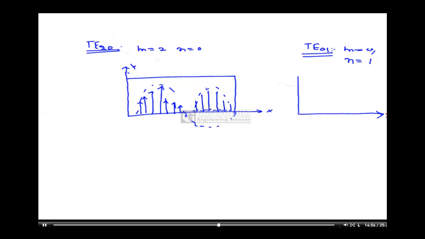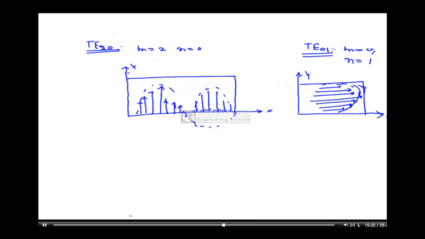So this is x-axis. So this is y-axis. So the variation is along y-axis. So only one half cycle. So to represent that, I am representing like this. This is the half cycle representation along the y-axis.